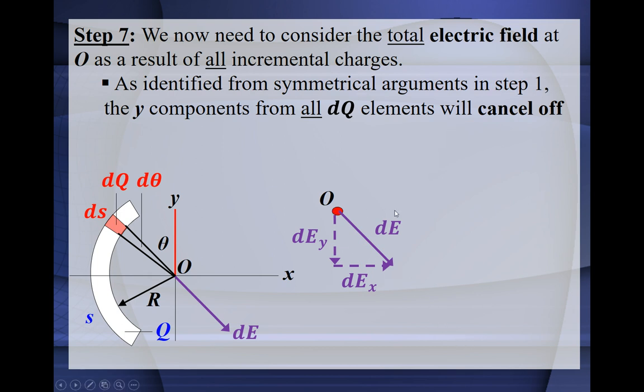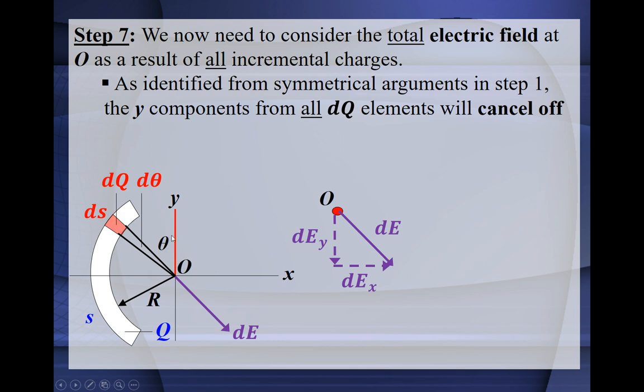Typically, I like to draw the x component first, then the y component second. But the reason I do it in this manner here is because it makes it a bit more clear. If you look at the direction of this vector, and you want to compare it to this angle theta that you have up in this quadrant, it makes it much more clear what the angle theta is.